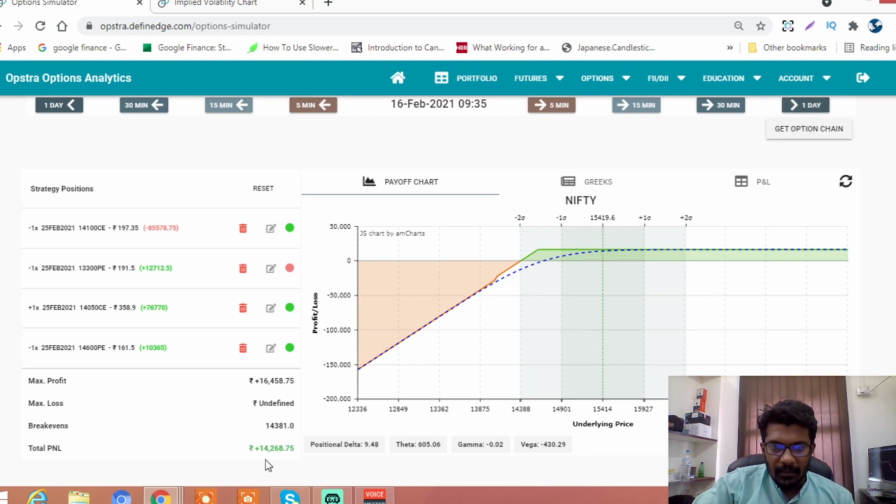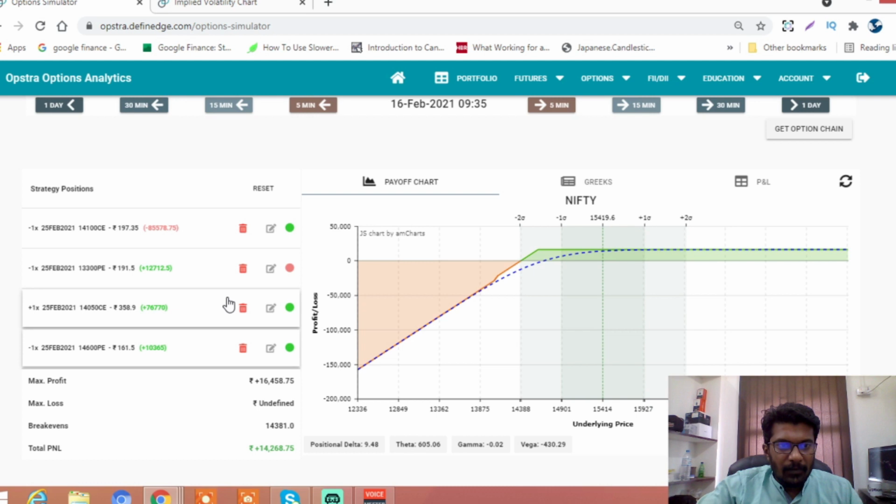Yeah, see, now on 16th of February, 3 trades out of 4 are in profit. The original call 14,100 you sold is in loss, but that is compensated by the 14,050 call. And we have already booked a profit in the 13,300 put, a profit of around 12,700.